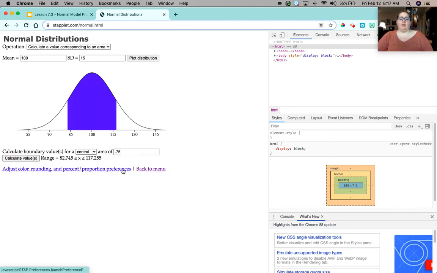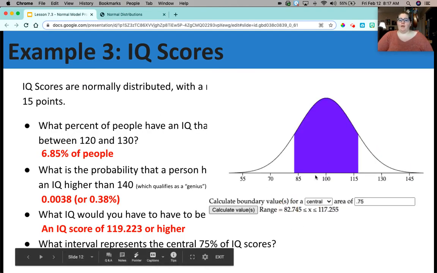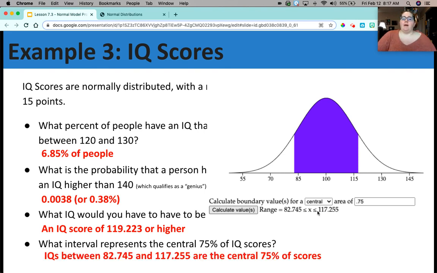And then I'm going to calculate the value, and it tells me the left and the right number that would mark off that area. So 82.745 to 117.255. So IQs between those two numbers represent the middle or the central 75%. So 75% of people have IQs between 82.7 and 117.255.